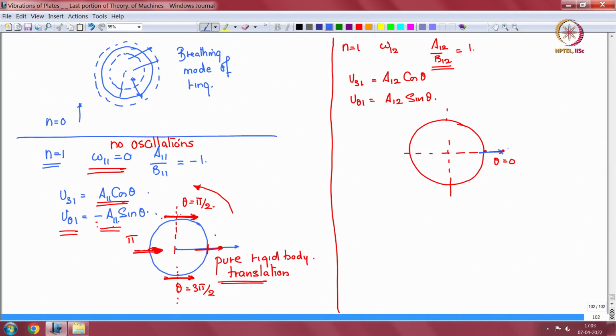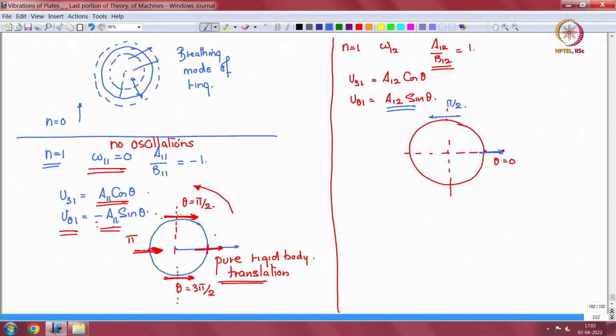Torsion is 0. At theta equal to pi by 2, I have no radial movement, and I have pure positive torsion, so I have this movement here.